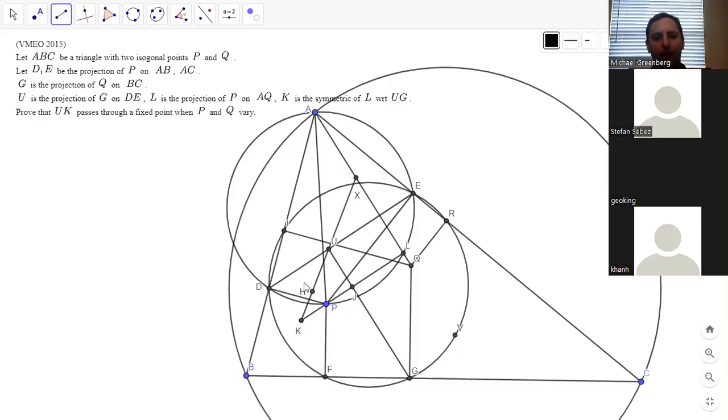So basically K, U, and X all have the same power with respect to those two circles, right? So you need to show it. I think if we can show H has the same power with respect to those, that would solve the problem, right? That is easy. So we just need U, only U.